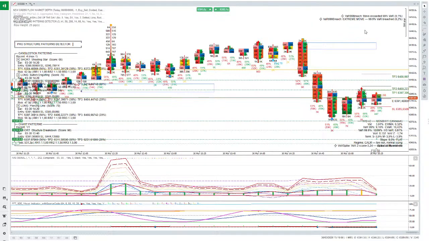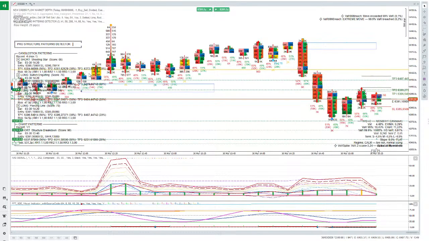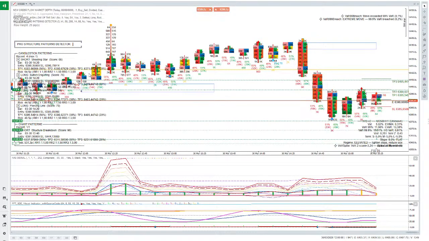Here we have a lot of pro structure pattern detector things. And on the bottom of the chart we have some orders that would eventually kick in with the algo. So I know exactly that my algo Epic Fury will kick in down there.